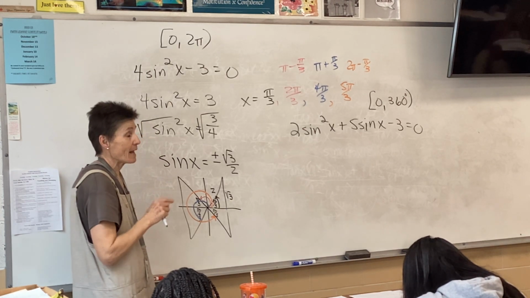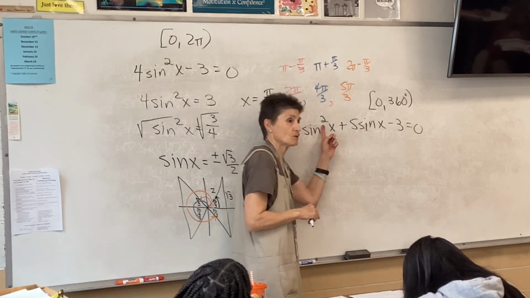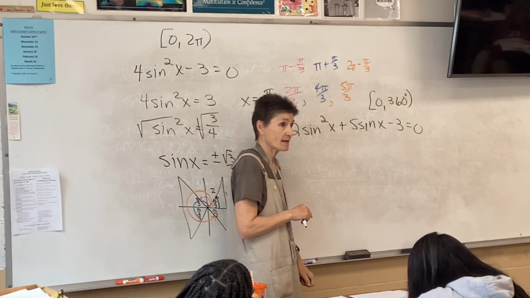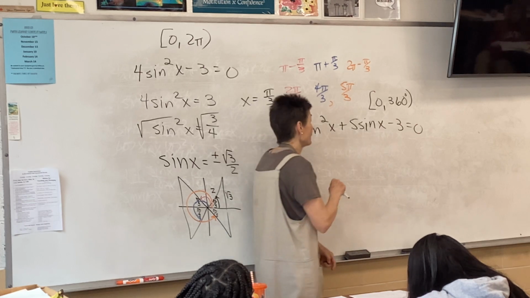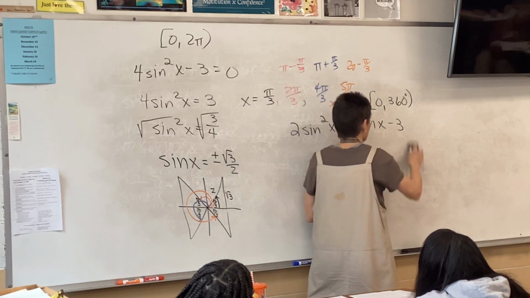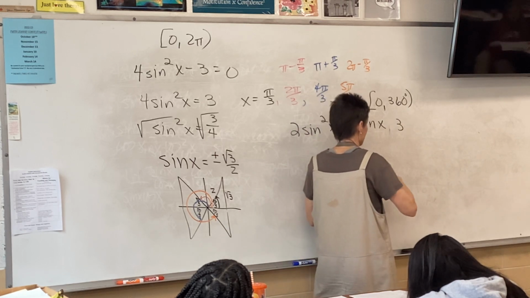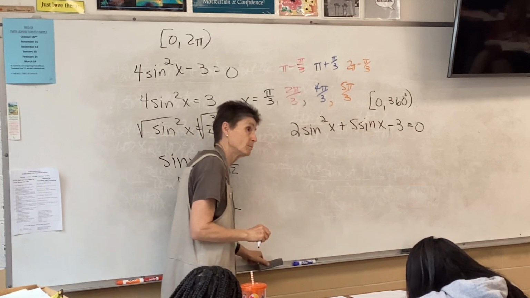Well, it would be adding it, and I probably wouldn't, because this equation is quadratic, and I like to have my quadratic set equal to 0. So probably if the problem had started like this, the first thing I would have done would be to subtract that 3 over to get it equal to 0.